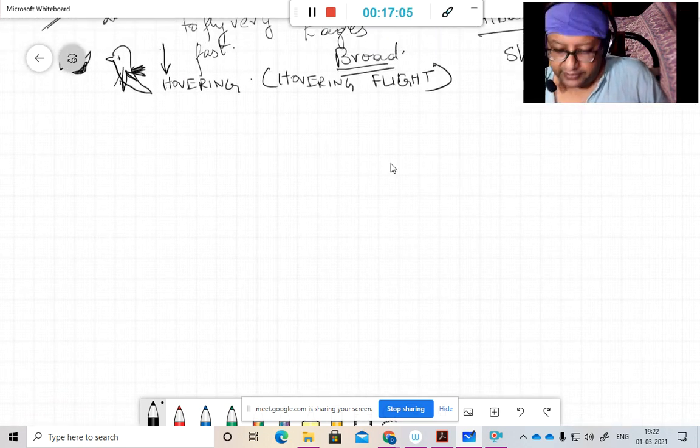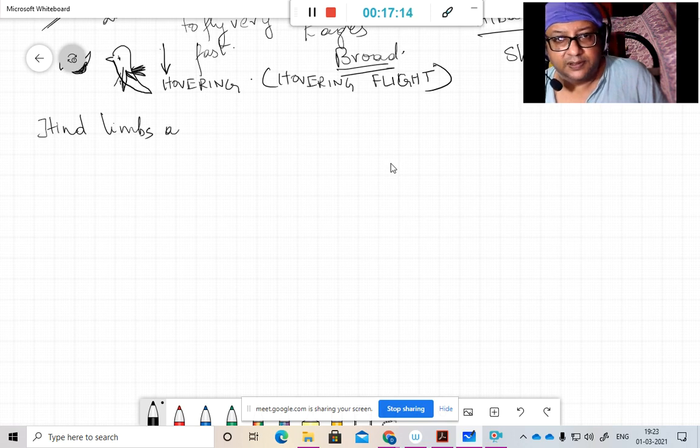Then you have their hind limbs, adapted for perching.